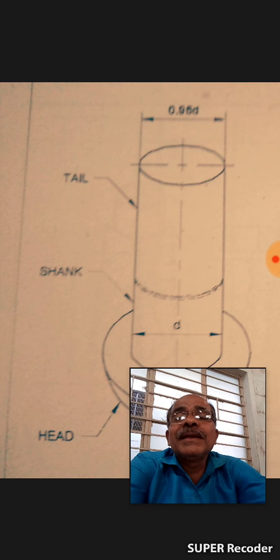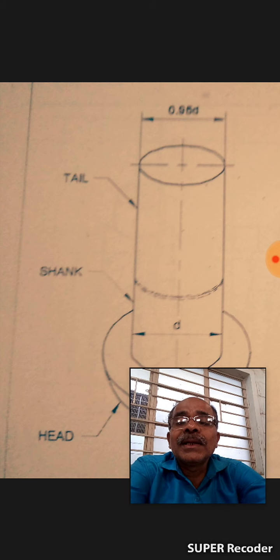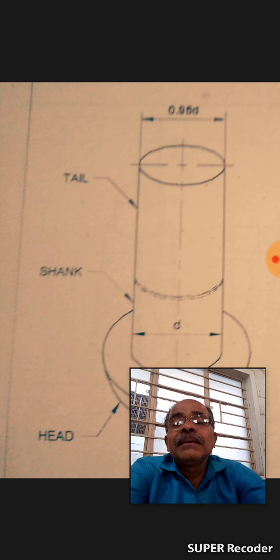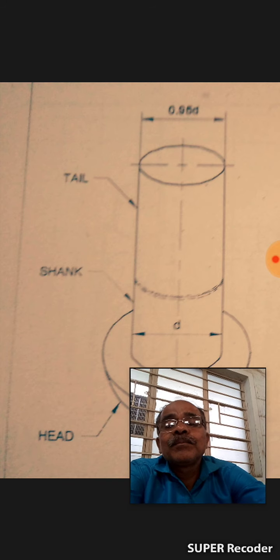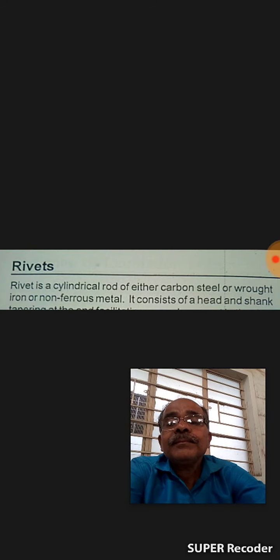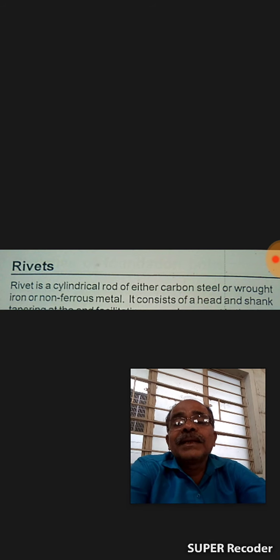The parts of the rivet are shown here clearly. See one by one and study: head, shank, tail, and D. D refers to the diameter of the rivet. Especially, one definition is there for the rivets.